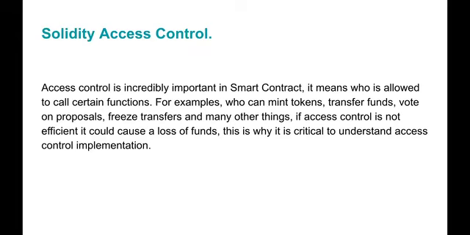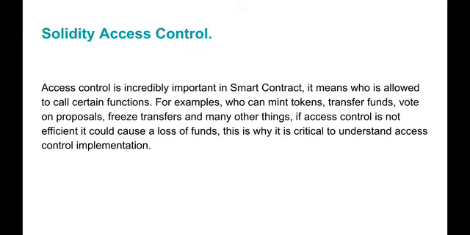So basically, what this is telling us is that access control is like the role, or let me say the control that the users have, the control that you give to people that are interacting with your smart contract.